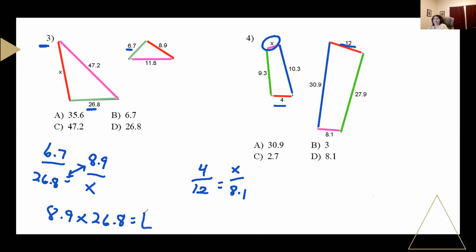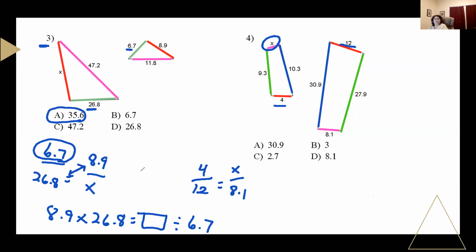And then you take this answer and you divide it by this number over here that wasn't across, 6.7. 238.52 divided by 6.7. It's 35.6. Okay, go ahead and do that. And what answer did you get? 35.6. And that's the correct answer.